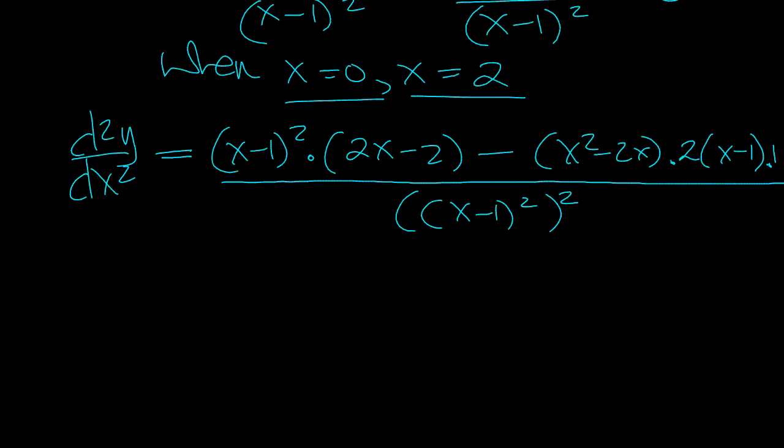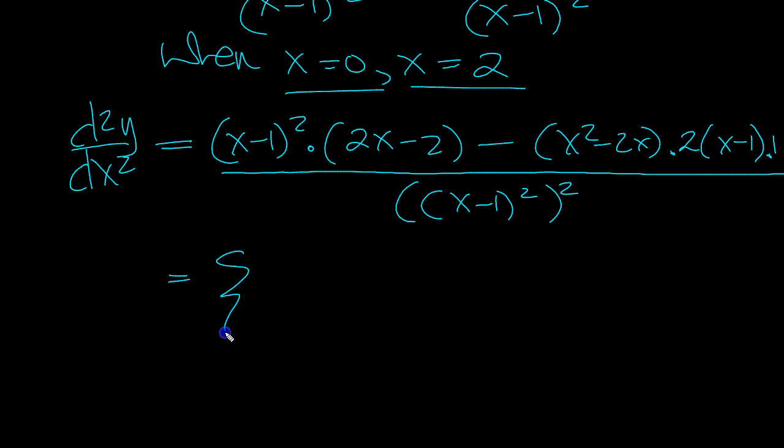So let's put in the values then. So if we put in noughts, what are we going to get? Just put in 0, we don't need to work it out, just put in 0 and 2. So let's put in x equals 0 and x equals 2. So this will be minus 1 squared is 1.